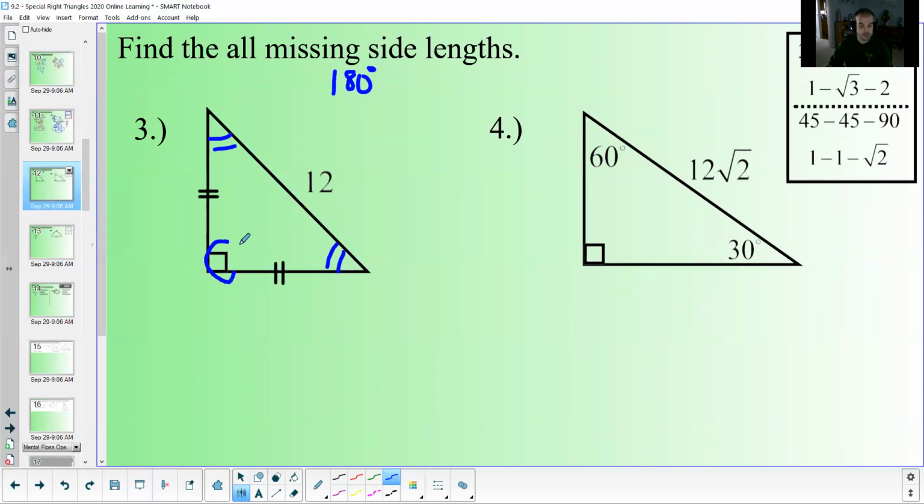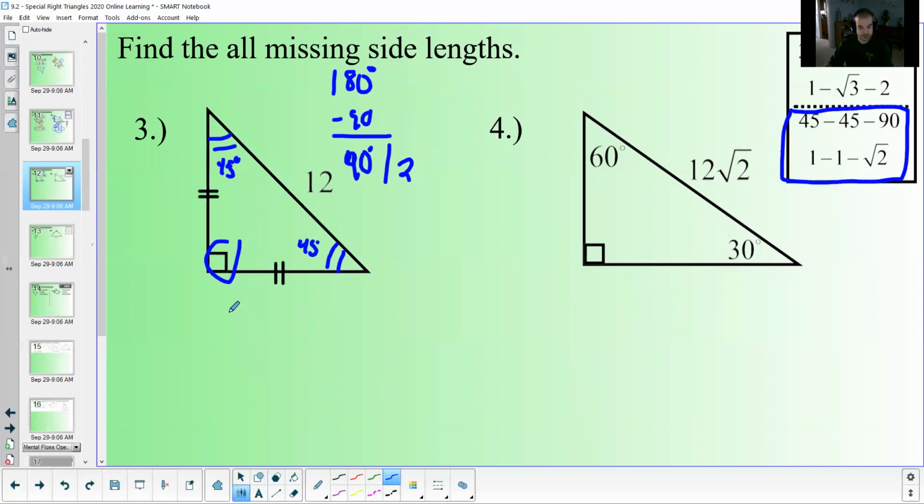One of those 3 angles is a 90-degree angle. If we subtract that 90, we end up with 90 degrees, and the 2 remaining angles are congruent to each other. So if we divide that 90 by 2, we get 45 degrees. By putting the 2 tick marks there, that is another way for me to give you the fact that this is really a 45, 45, 90 triangle.